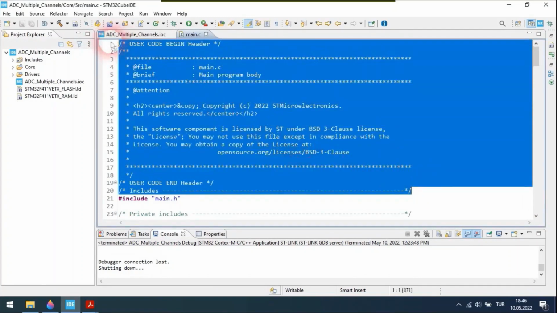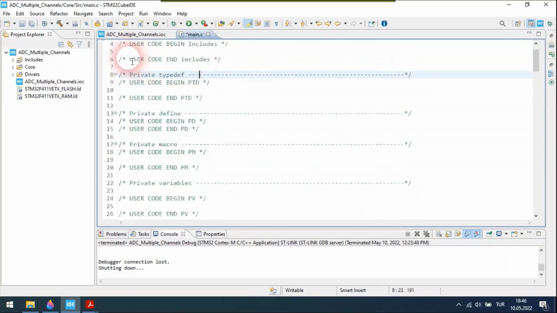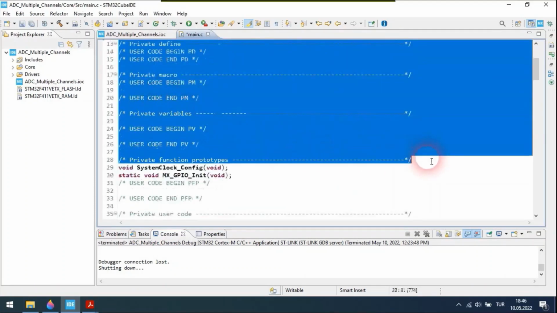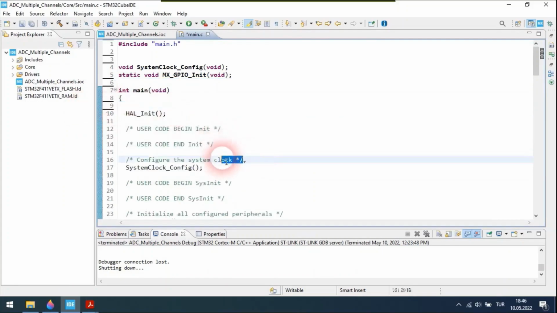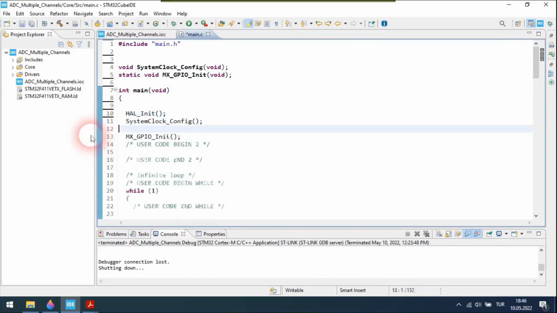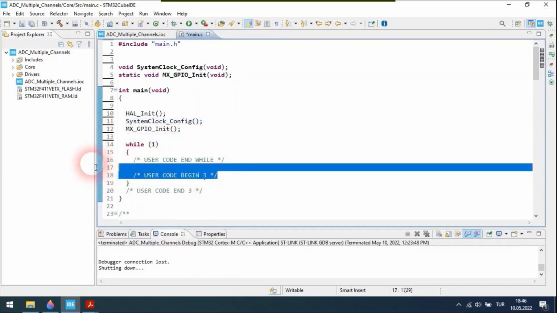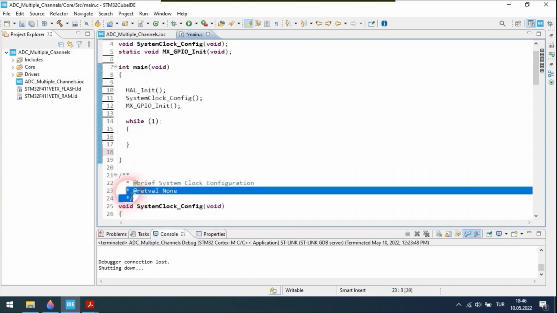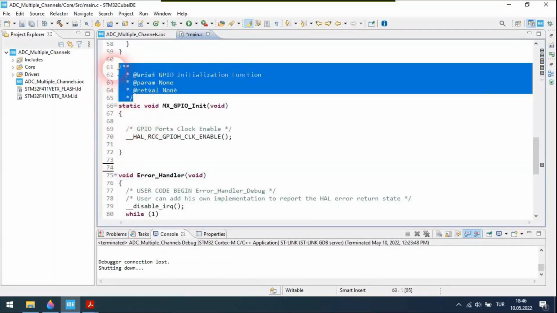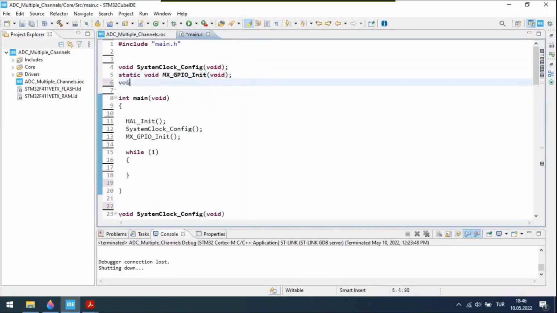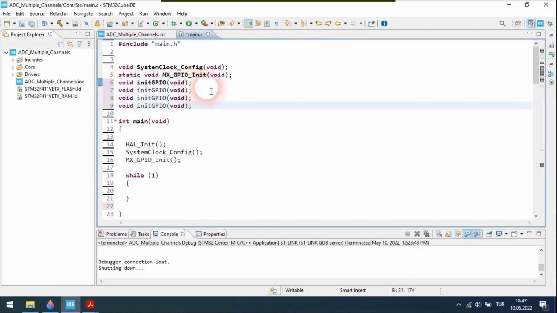Let's remove these confusing comments. These are prototypes of our functions.